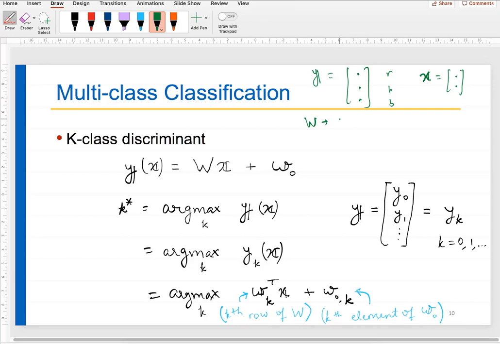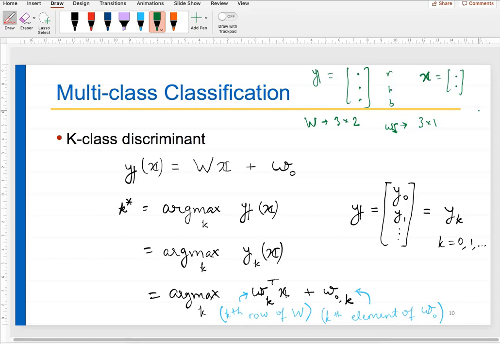What is my w? Good. And what is my w naught? This is a vector, sorry. W naught is 3 cross 1.